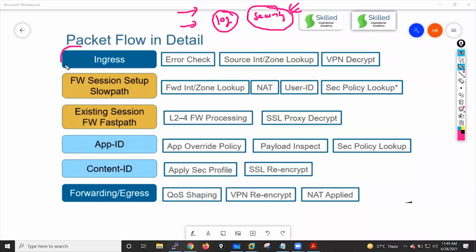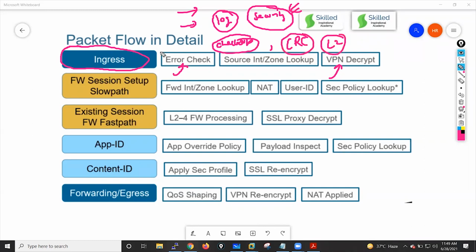If your packet is dropped at the ingress level due to error check, or due to any reason at the ingress, so in error check, generally it will do the lookup, it will perform the checksum at the TCP level, right? It will also perform the checksum, or we can say generally CRC, at layer 2.